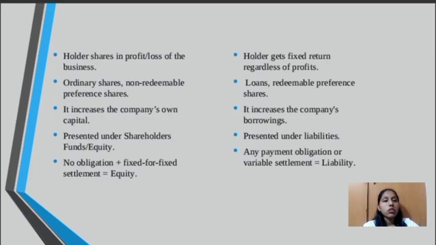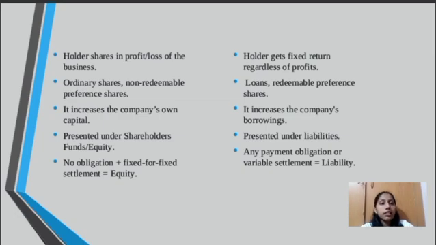They represent the ownership portion of the company, unlike loans, which are shown under liabilities. Next, the ninth one under financial liabilities: presented under liabilities. In the balance sheet, financial liabilities are shown under the liabilities section. These are divided into non-current liabilities, such as long-term loans and debentures, and current liabilities, such as short-term borrowings and creditors.